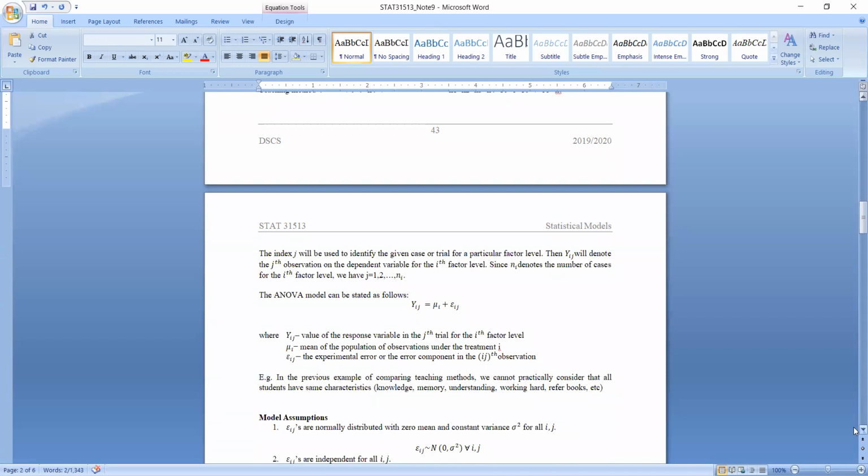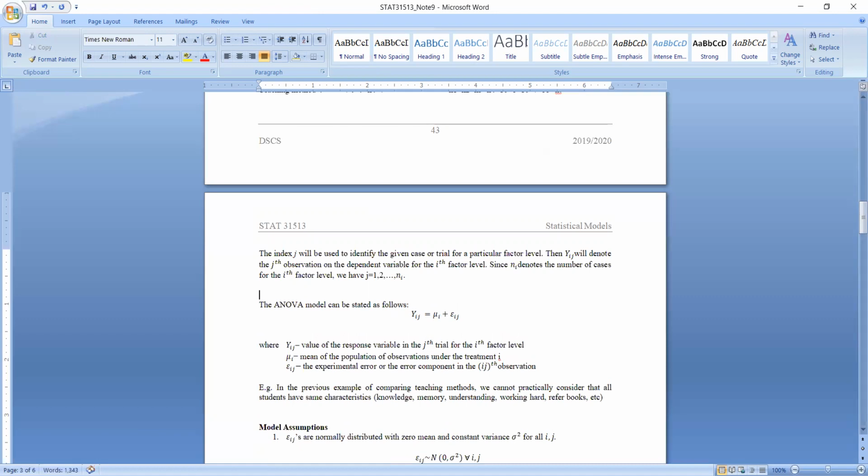Let's say we have one particular student whom we have assigned the second teaching method, and that one is the third student whom we have assigned the second teaching method. If you take that student as Y, that is denoted as Y23.